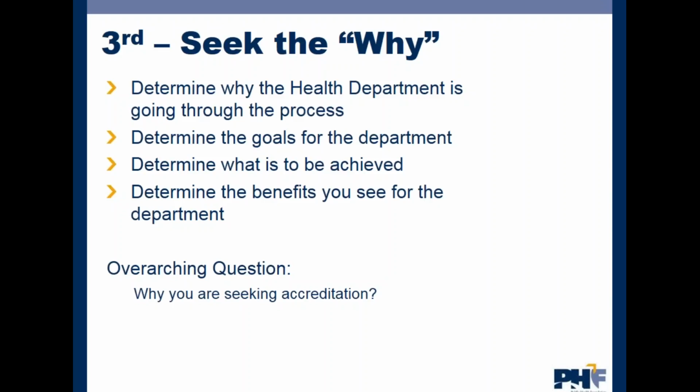So up front, you need to decide, okay, what do we want to achieve? What are we trying to accomplish with accreditation? What are the goals that we have for it? What kind of benefits do we see? Why is it important for us to do it? And if you can't figure that out, then don't go through the process until you do, because that can set the tone for how you look through the standards and measures and these other aspects to see what it is that this will help you accomplish.